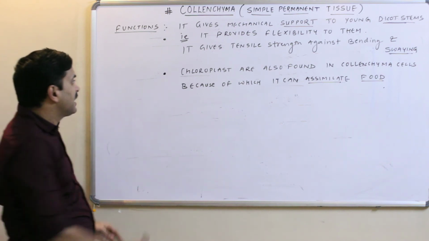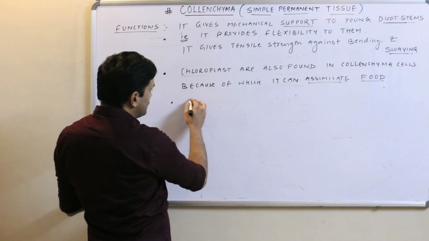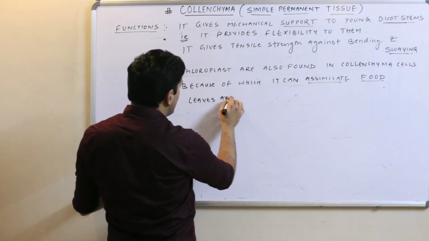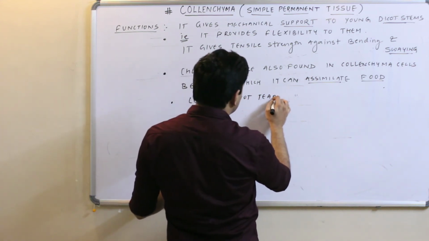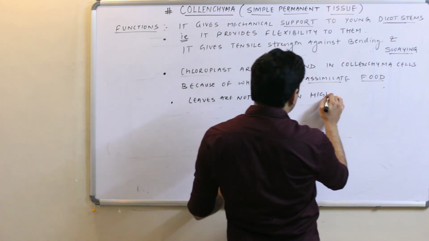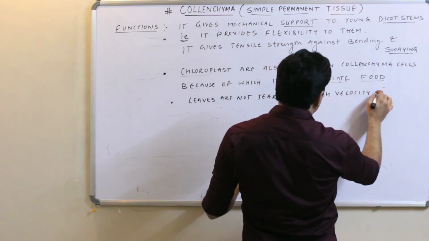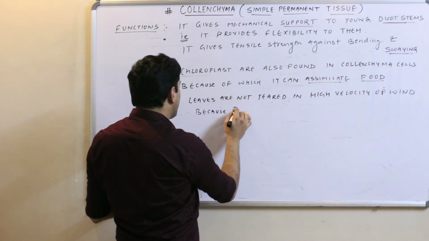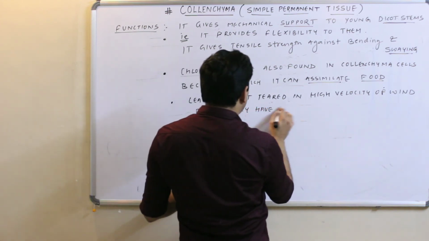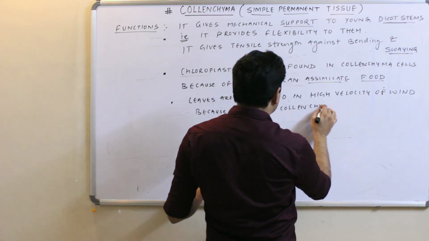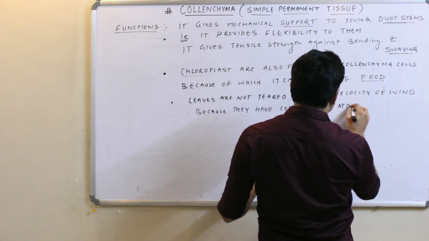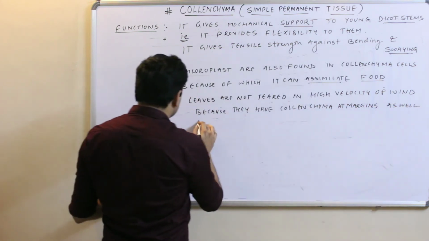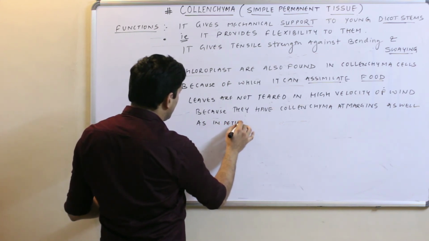Alright, and as I have said, leaves are not torn in high velocity of wind, because they have collenchyma at margins as well as in the petiole.